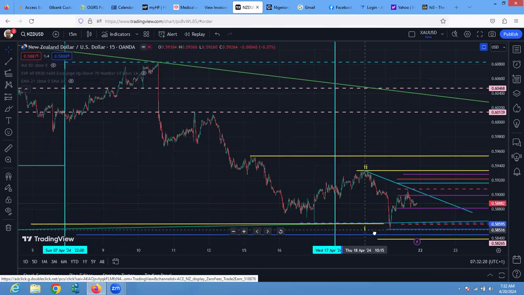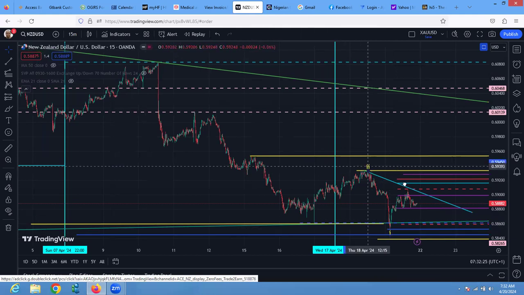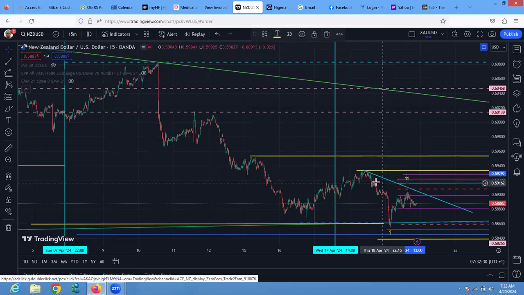This one looks like a wave one here. And so we are trying to do a wave two now. And this might be a wave three, a wave four. If we break above here, then we know we are broken away from wave four. So this looks like a wave one and a wave two until that changes.